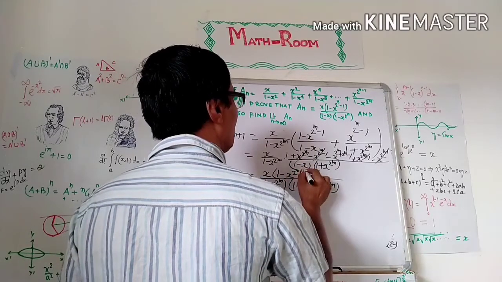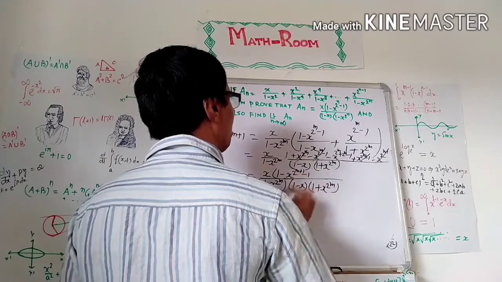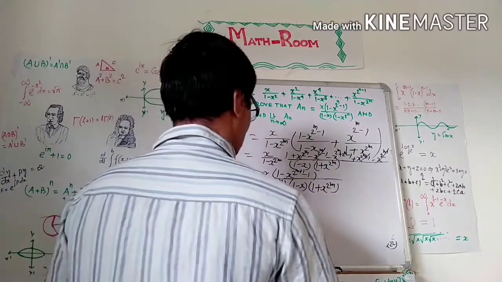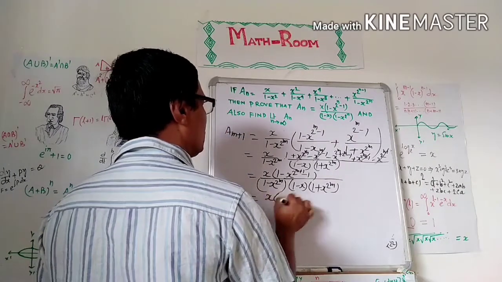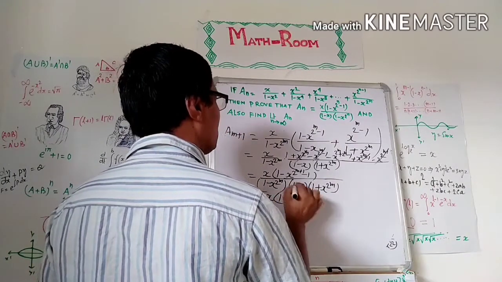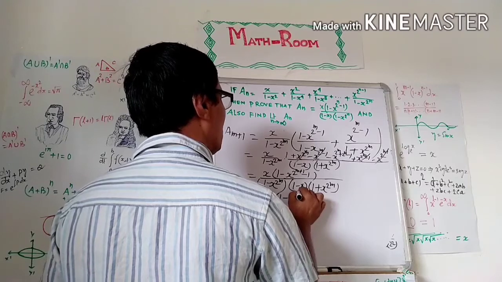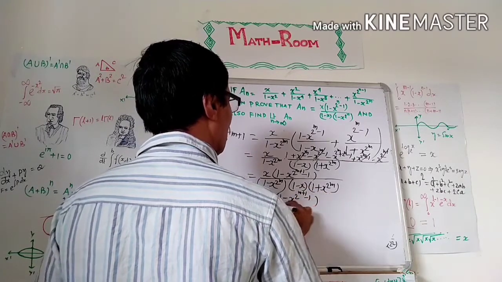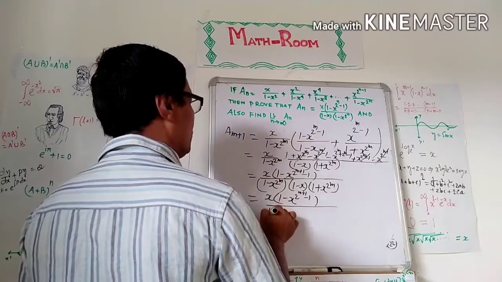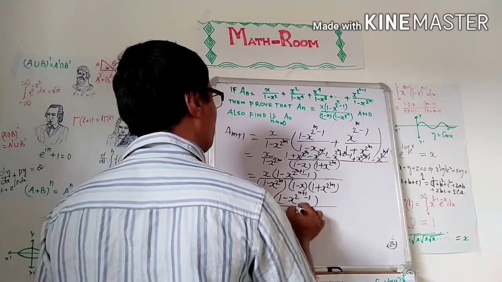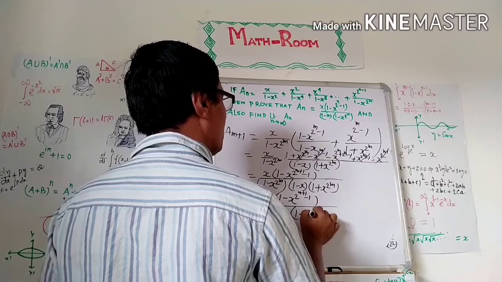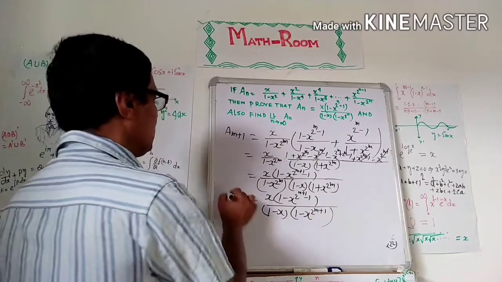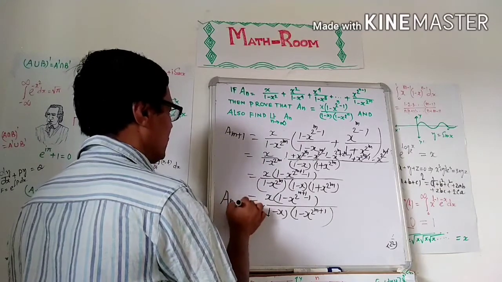Also we can write x into x to the power 2 to the power m plus 1 minus 1 over 1 minus x into 1 minus x to the power 2 to the power m plus 1, and this is S(m+1).